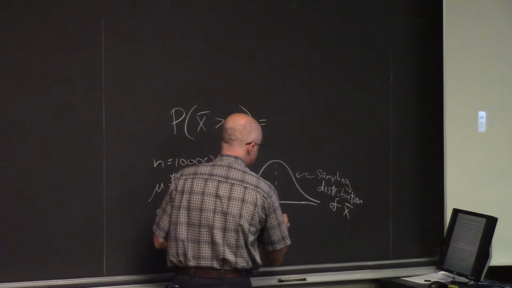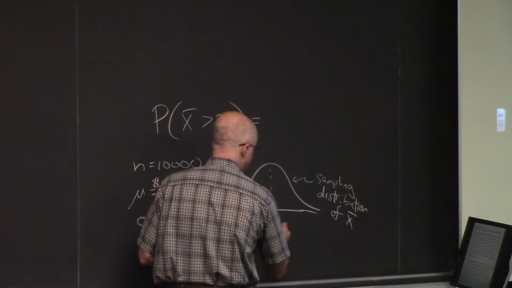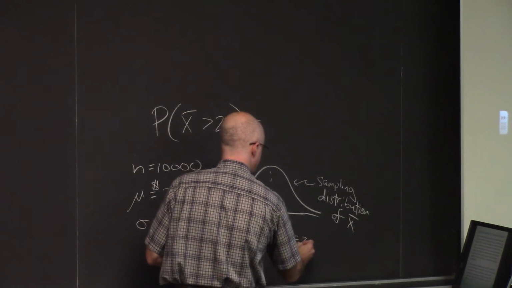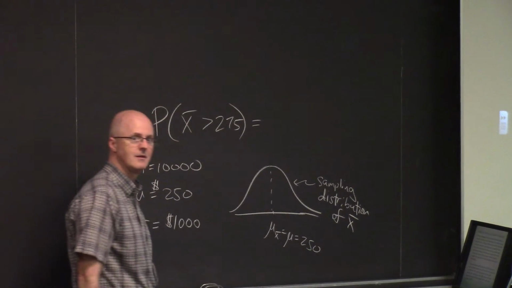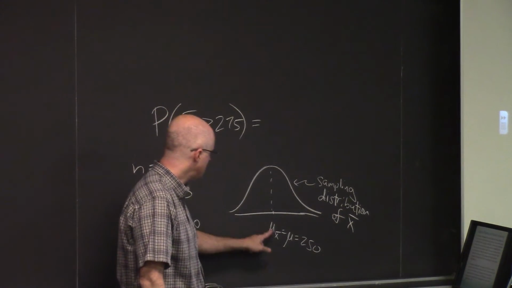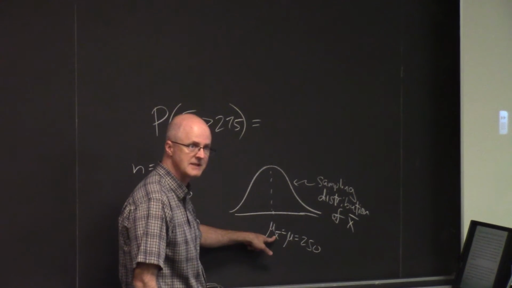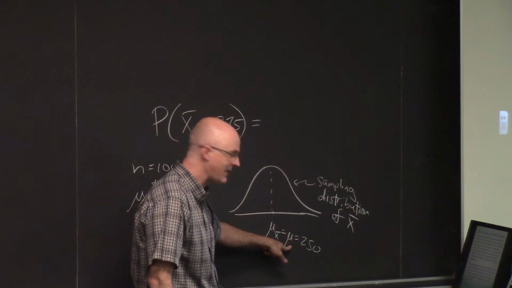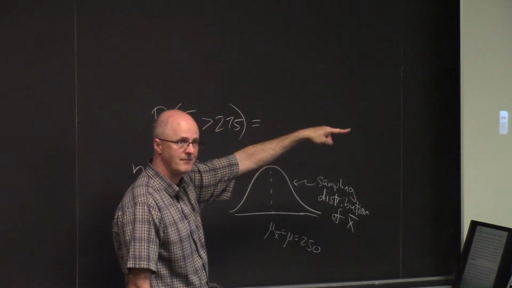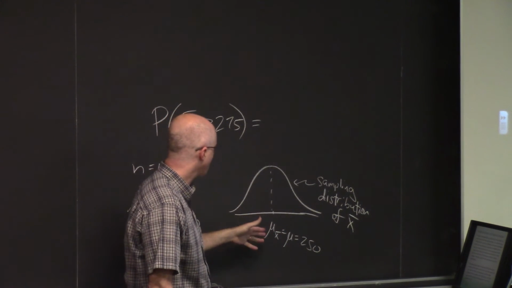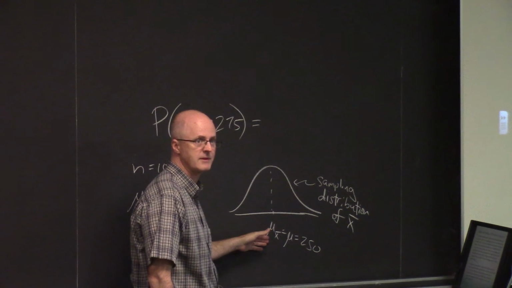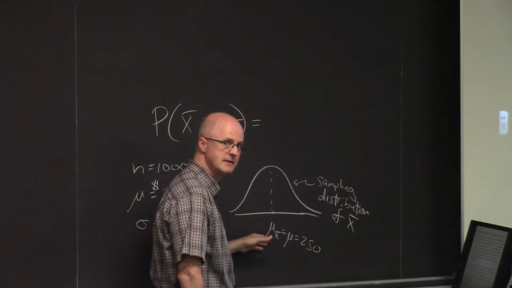Because it's unbiased, this should be centered on the population mean. Mu is, what was it, 250. Mu sub X bar, that's the symbol that represents the mean of the sampling distribution of X bar. Mu without an X bar, that's the population mean. When you do simple random sampling, these two things are equal.